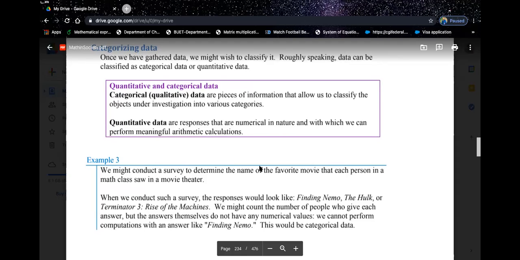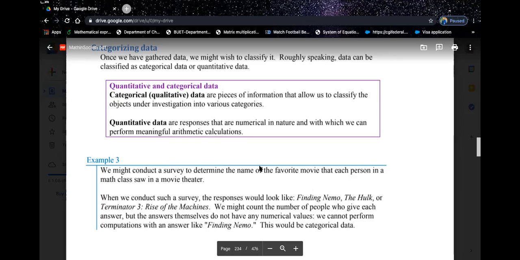So one type of data would be qualitative, and the other type of data would be quantitative. Okay, so what does it mean? If you have a data which has numerical significance, that means it will have some meaningful arithmetic calculations. The word meaningful is important here.